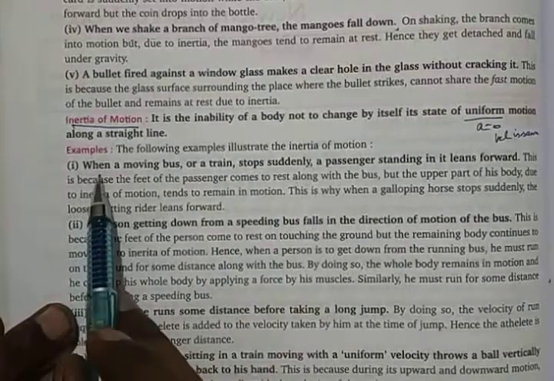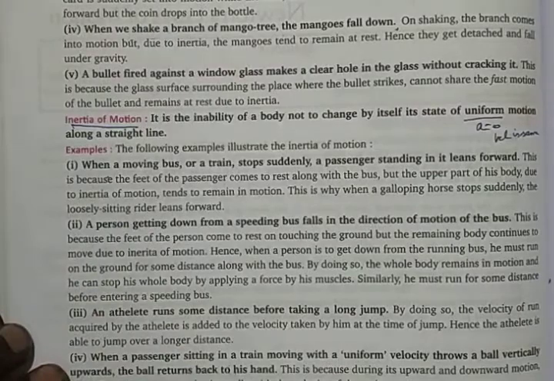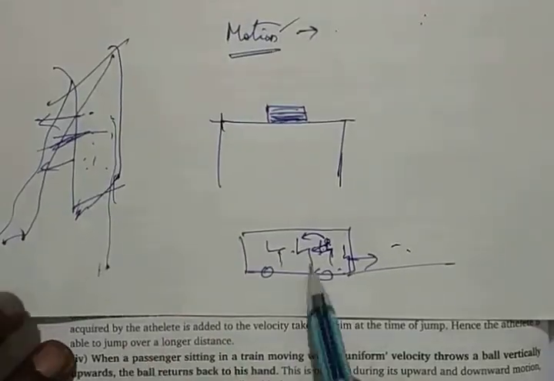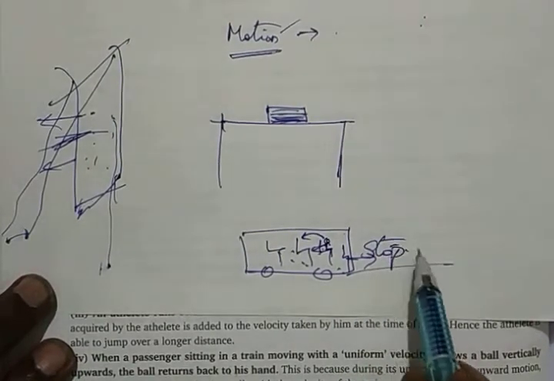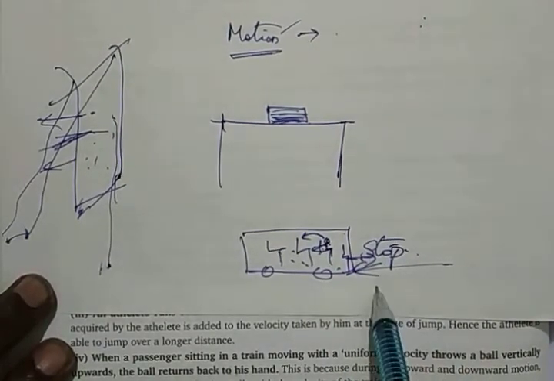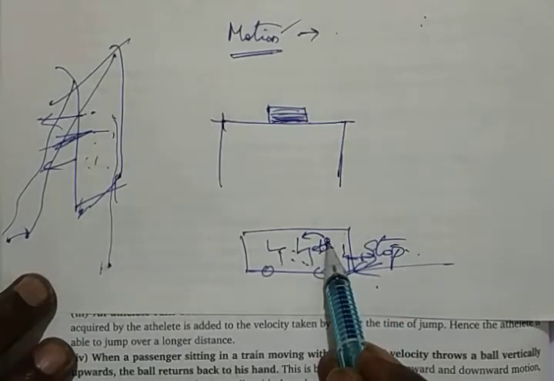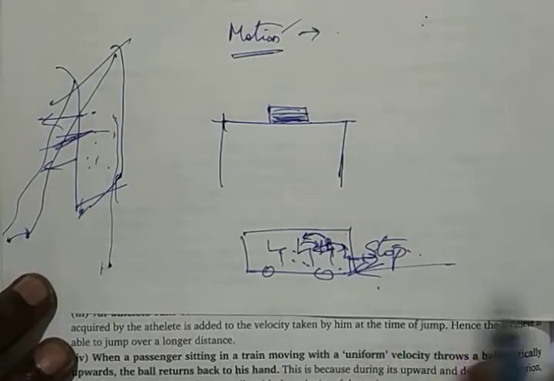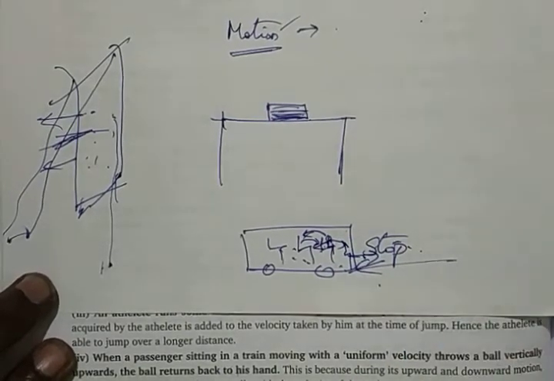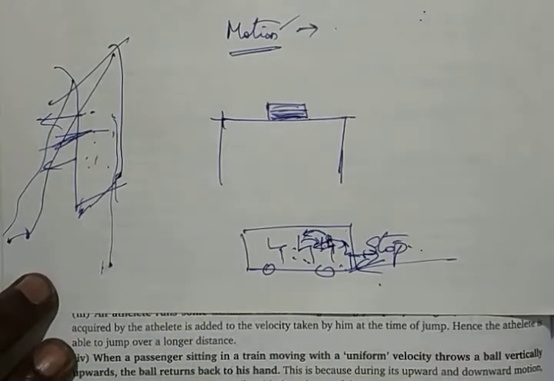Examples: when a bus is constantly in motion and you put a sudden brake. Already we said about a body which is moving, you stop the bus immediately, apply a brake. So what happens? The passengers will fall forward. Have you seen that? Why do they fall forward? Because they are already in motion. They wanted to continue to be in motion.